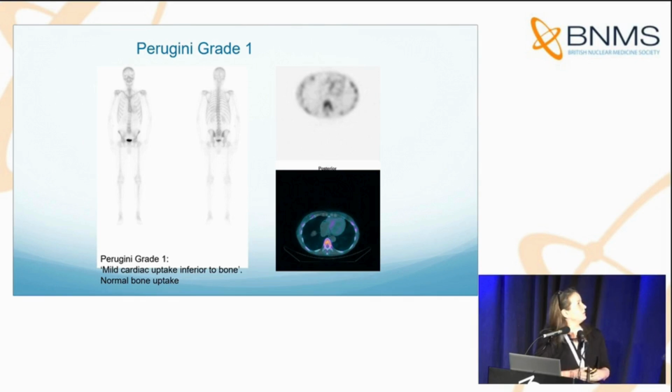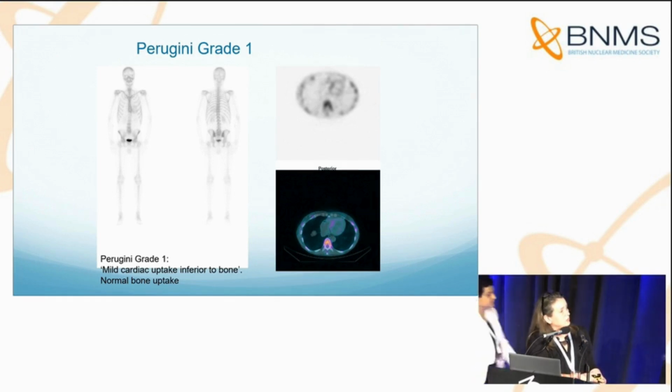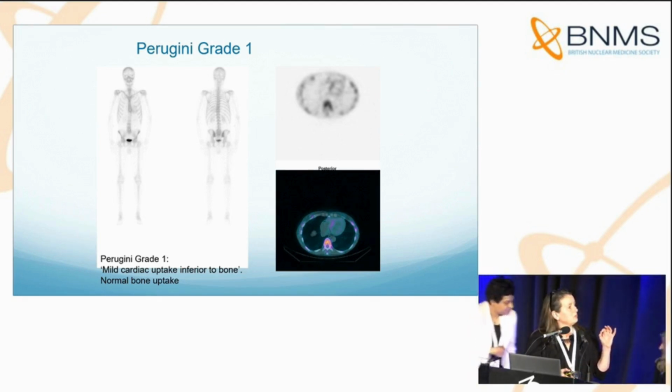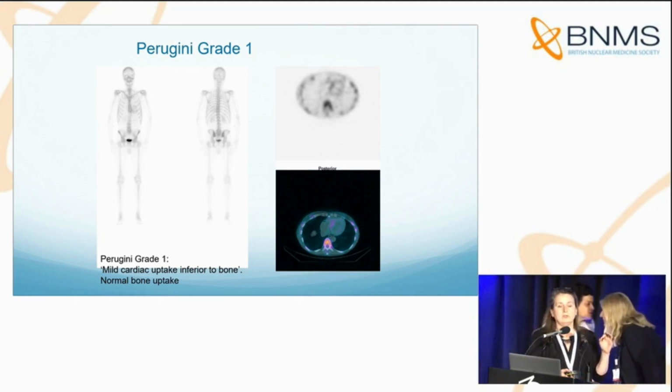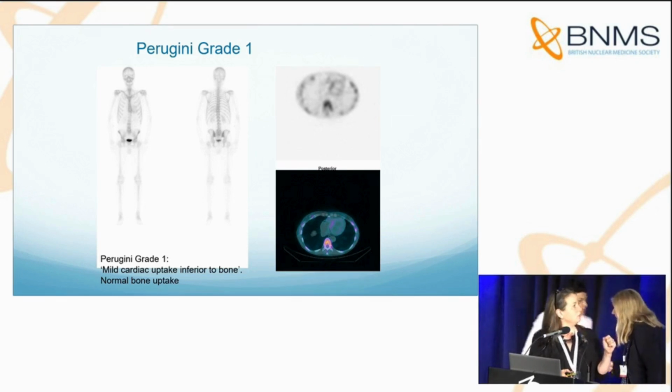So this is the grade 1 uptake. And you can see here, again, just very low grade uptake. And here on the SPECT CT, you've got this increased tracer uptake in the anticipated position of the cardiac septum. This is probably the most common place that you're going to see the increased uptake in a grade 1 scan.